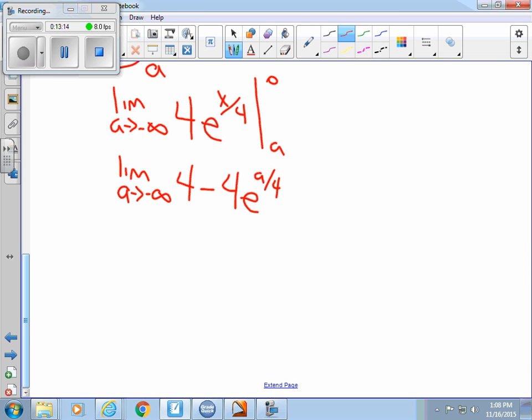I take the limit as a approaches negative infinity. What happens to the e to the a over 4 when I plug in really, really big negative numbers? It goes to 0, because that negative infinity makes it 1 over. Does everyone agree? 1 over infinity. So this piece goes to 0. The answer is 4. Questions about that one?